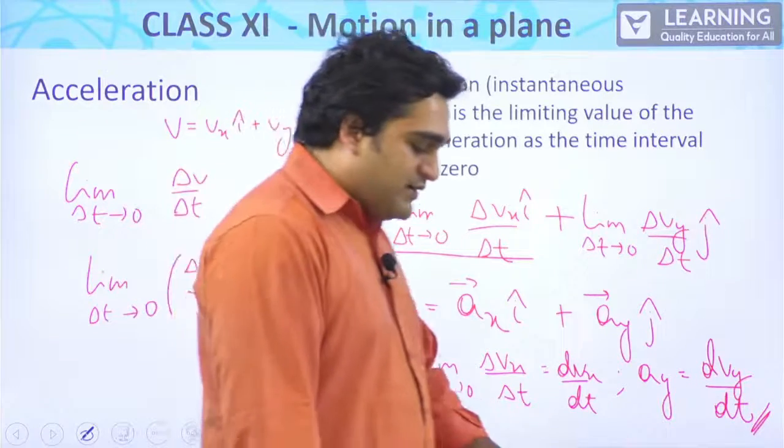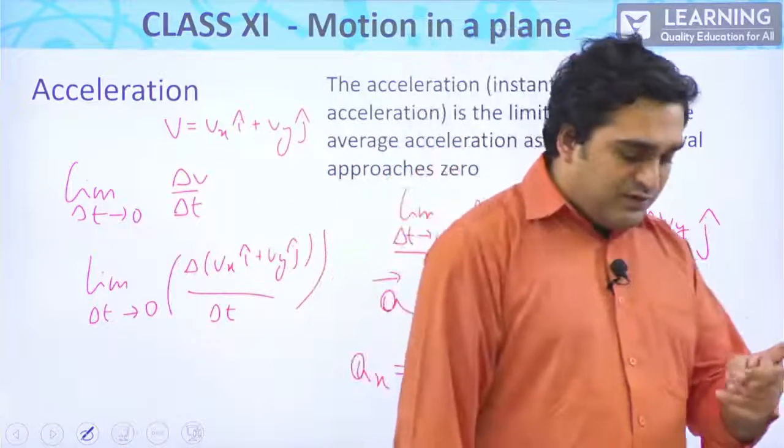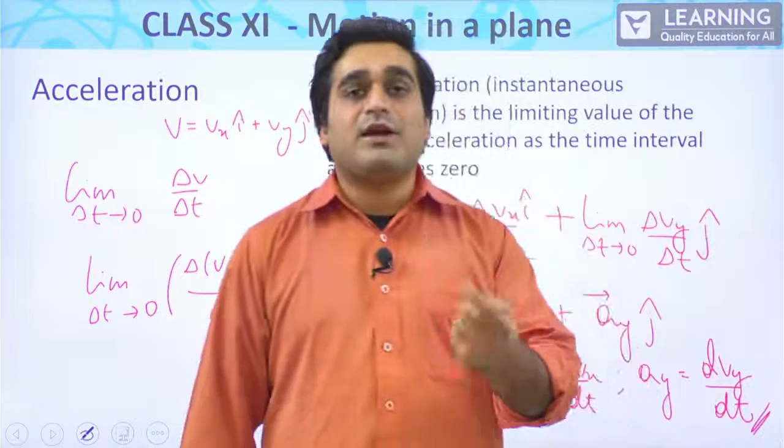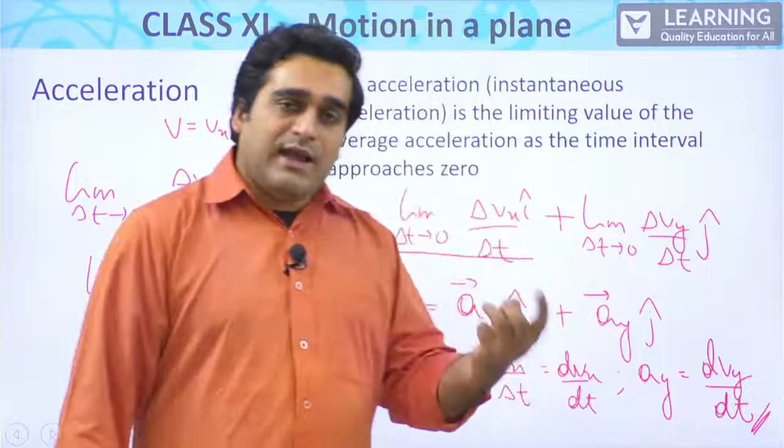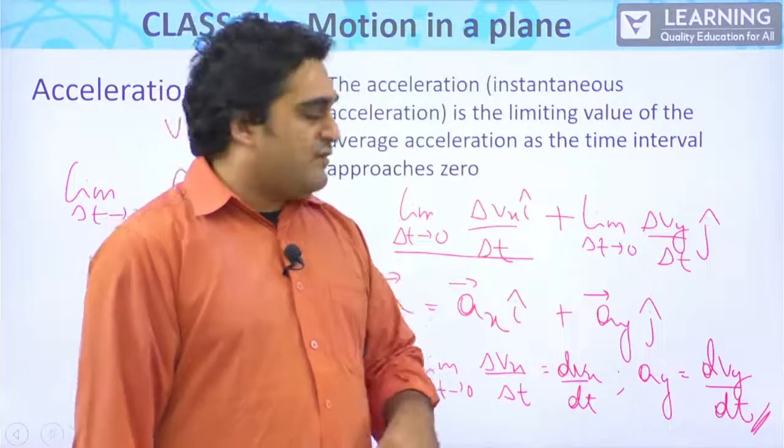So there are two different types of acceleration that we have discussed. One is called the average acceleration. We looked at it by an analytical method, also by a graphical method.